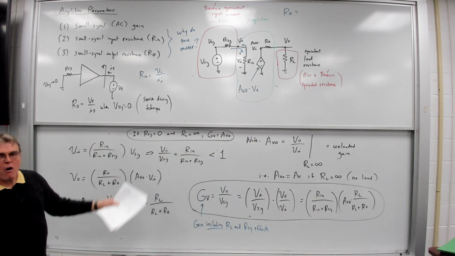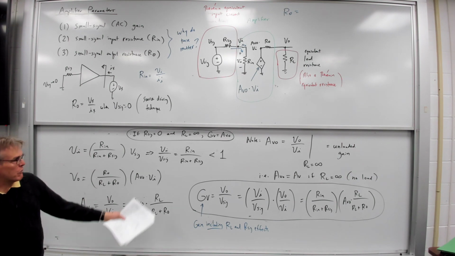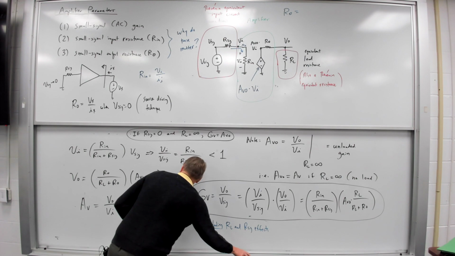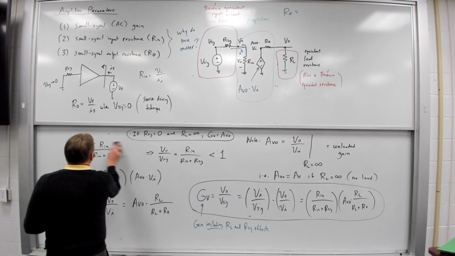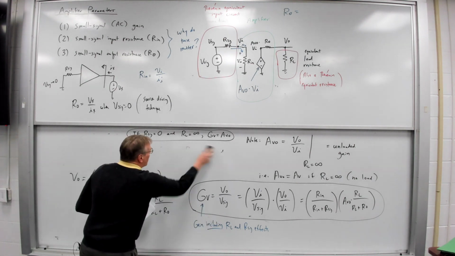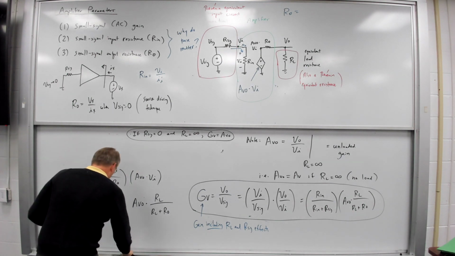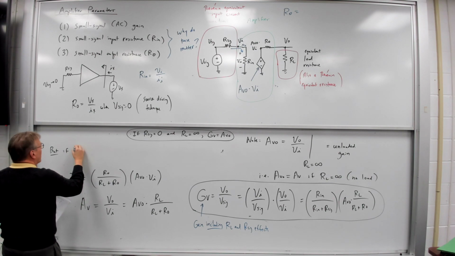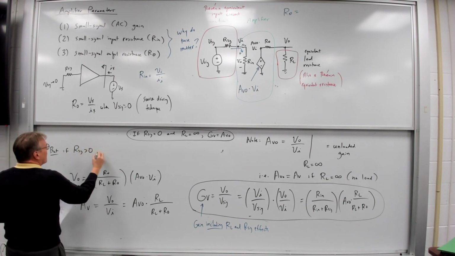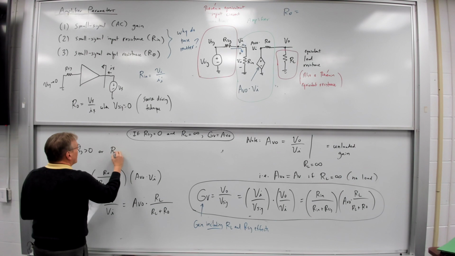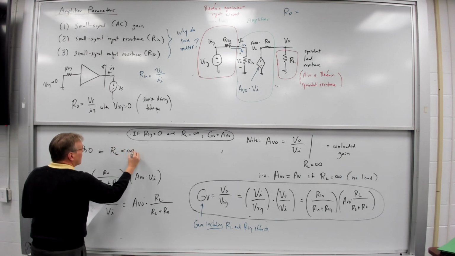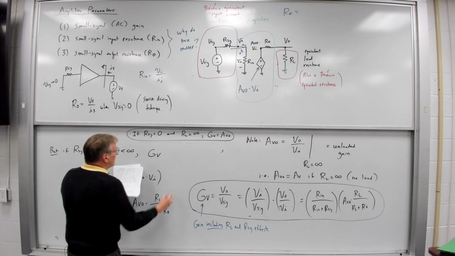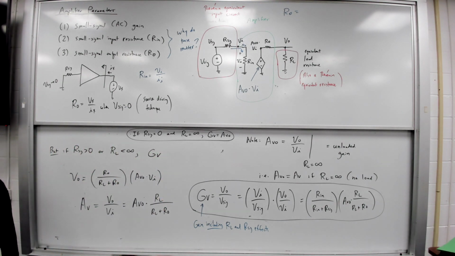But what if R sig is greater than 0 or RL is less than infinity? If that's the case, what do I know is going to be true about G sub V versus AVO?